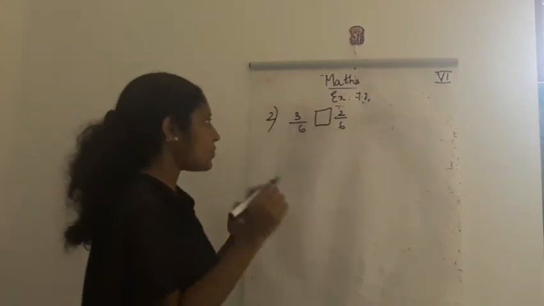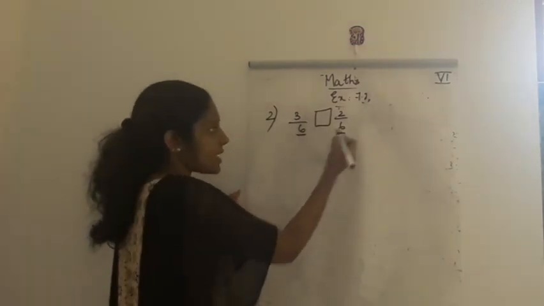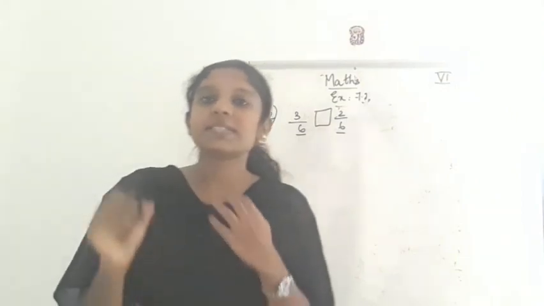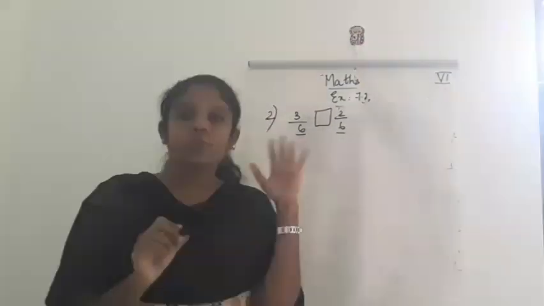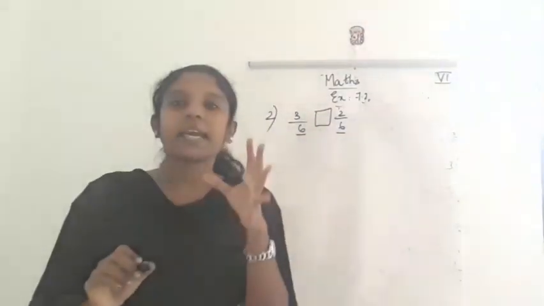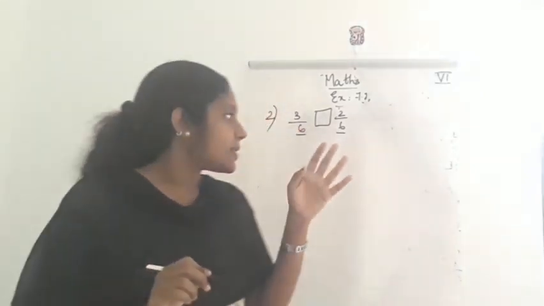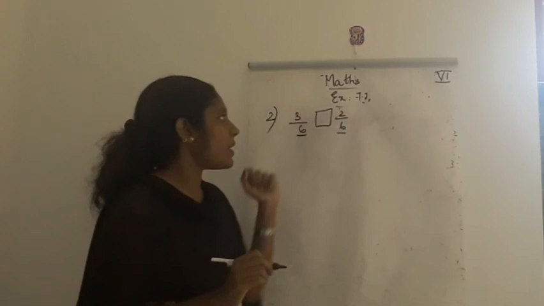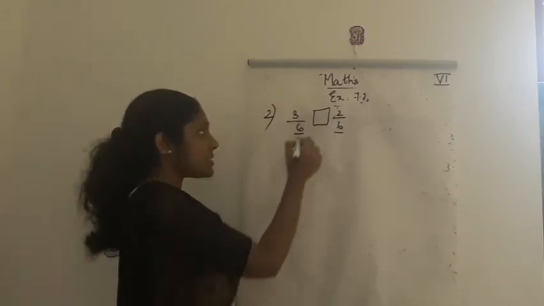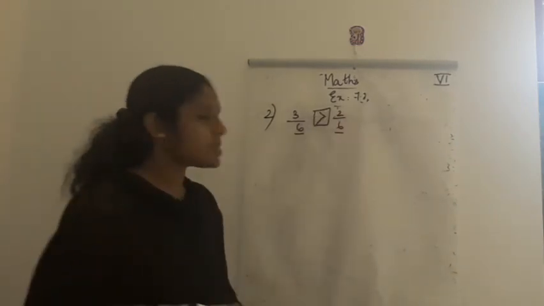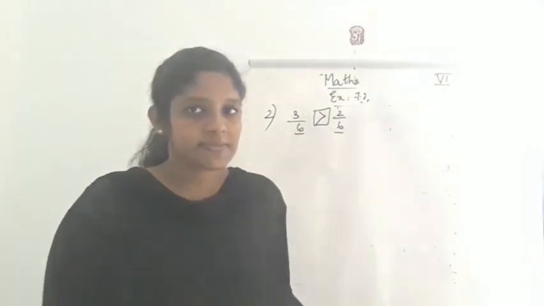When you compare, you can see the denominators are the same, 6. When the denominators are the same, look at the numerators. Whichever number is greater, that will be the greatest fraction. Here 3 and 2 are the numerators, and 3 is the greater number. So 3 by 6 will be the greatest fraction.